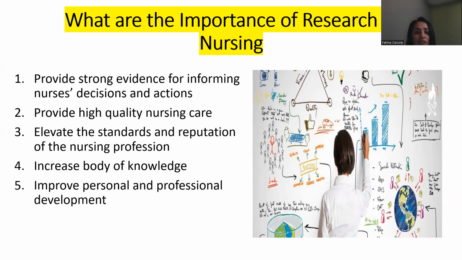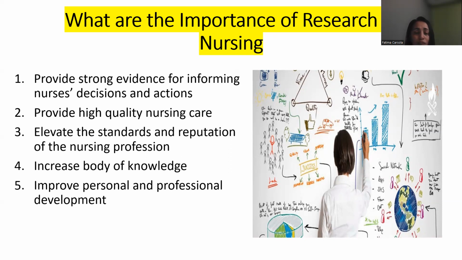We save the lives of people. So, in order for us to elevate the reputation of the profession, we should be applying evidence-based practice. When we say evidence-based practice, it is actually the blending of patient preferences or patient values, clinical expertise and research. That is what we call the EBP.